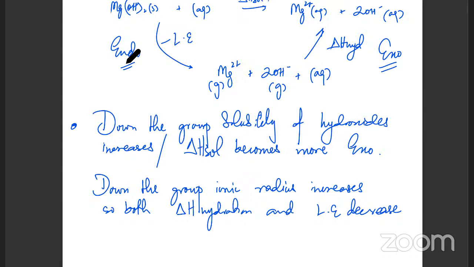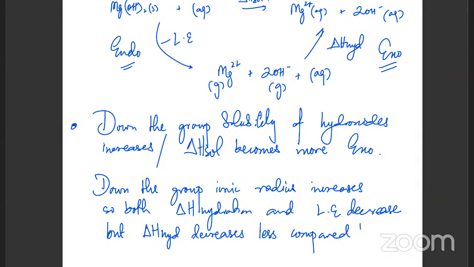So the last part of the answer would be that delta H hydration decreases less compared to lattice energy. So this is a typical 3 or 4 mark question that comes very often.